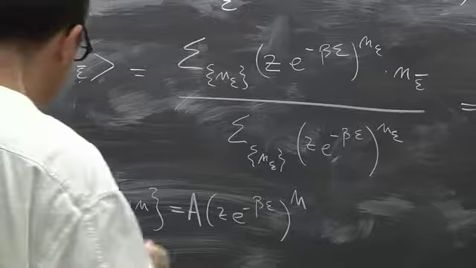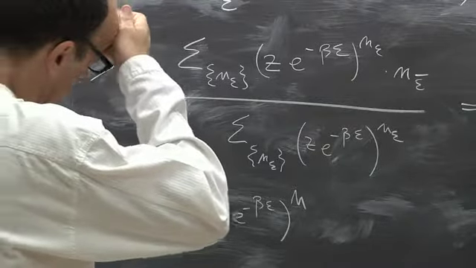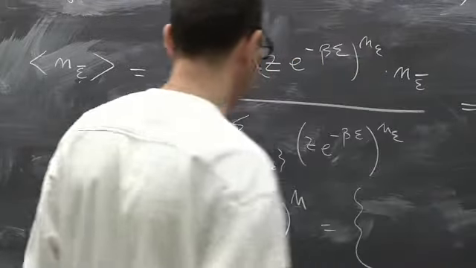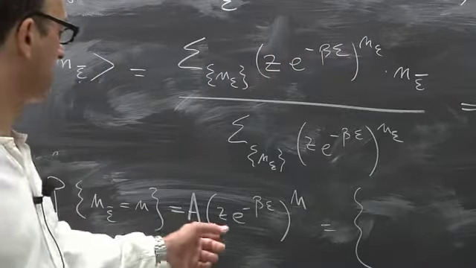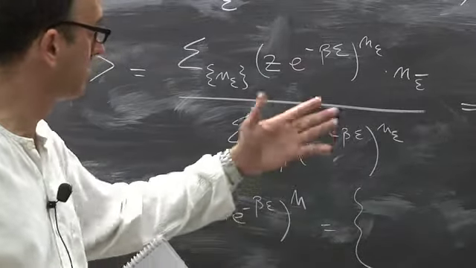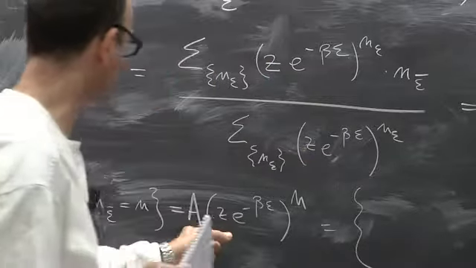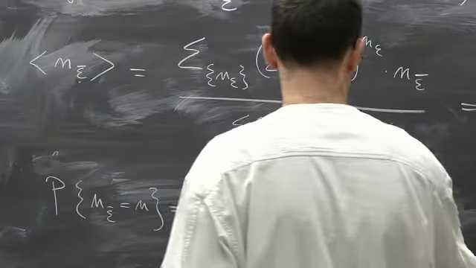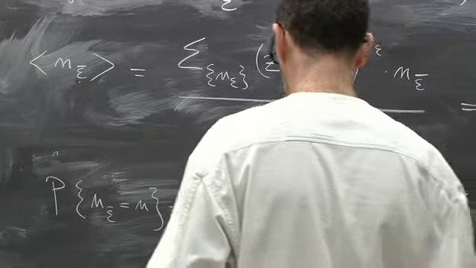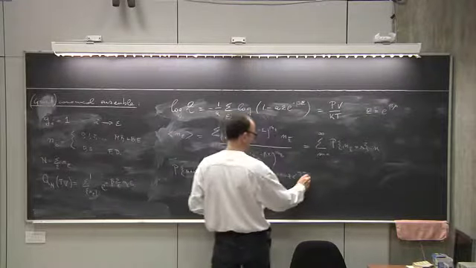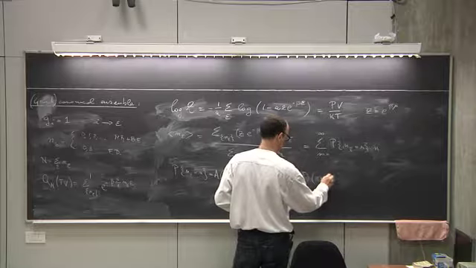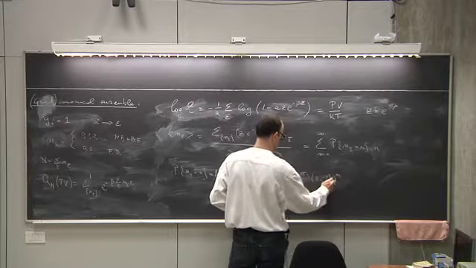And from this, you can compute what this normalization factor is. In the case of Bose-Einstein statistics, you have to normalize with n going from 0 to infinity, so this factor a will be just 1 minus z e to the minus beta epsilon bar, times z e to the minus beta epsilon bar to the n.